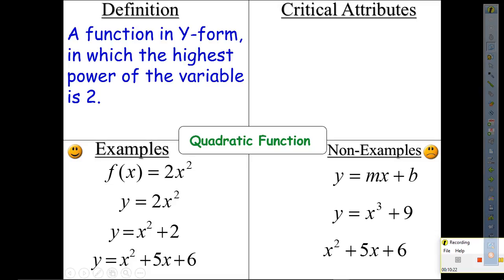As you're writing those down, start comparing. If these are quadratic functions, why are these not? Talk it over with your neighbor.